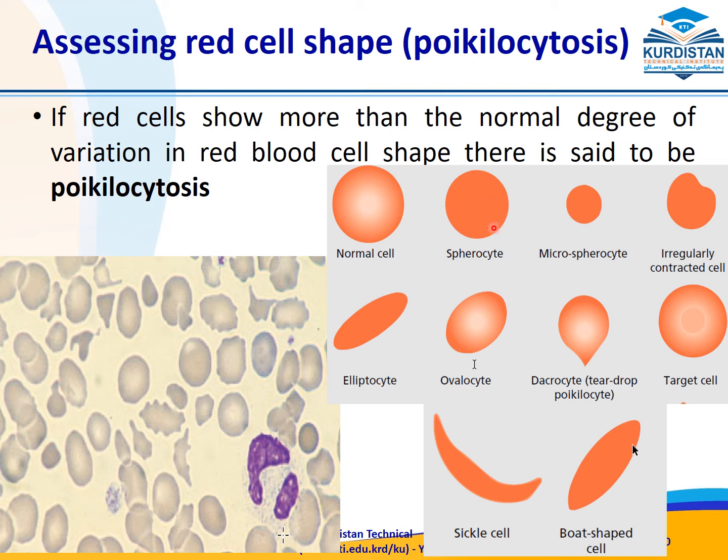So this is referring to spherocytosis. And if you have a look at this cell, we cannot see a pale center. So this is called a spherocyte.